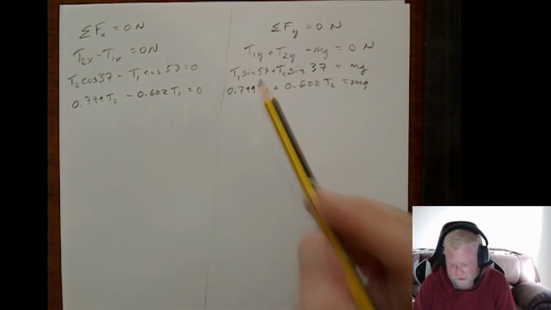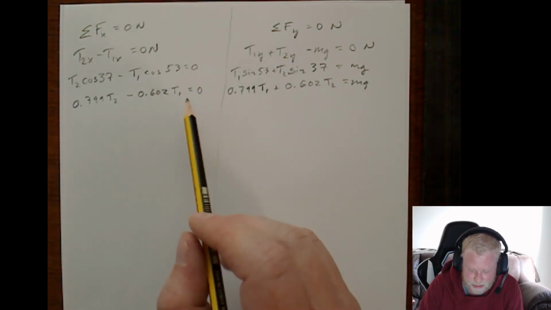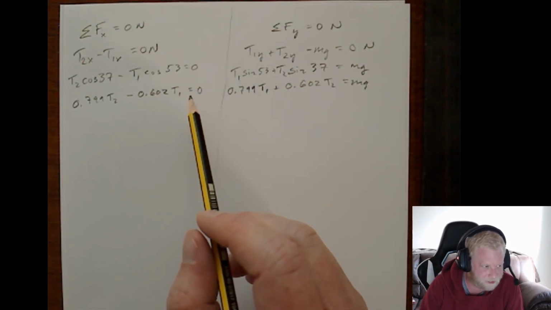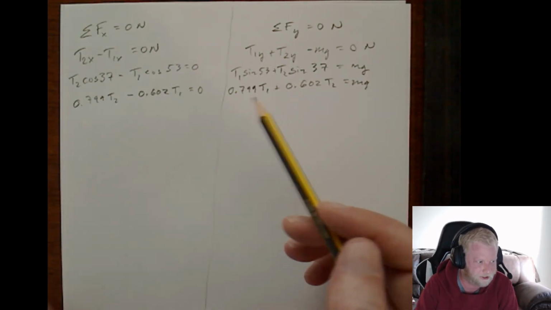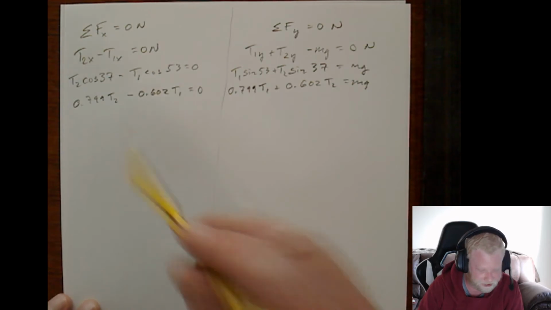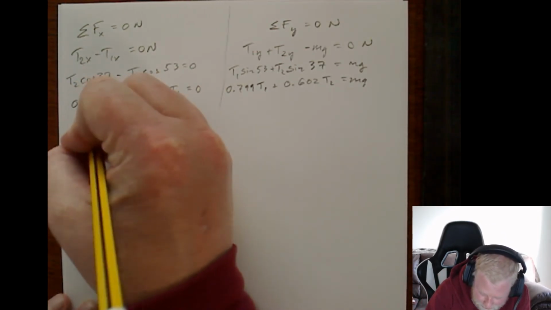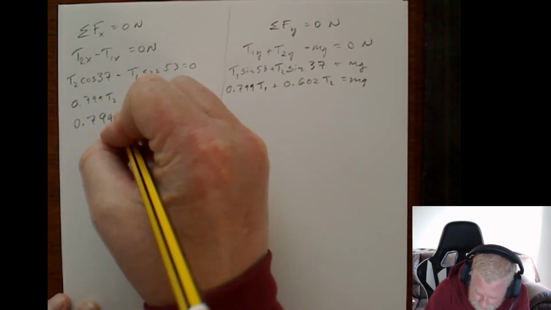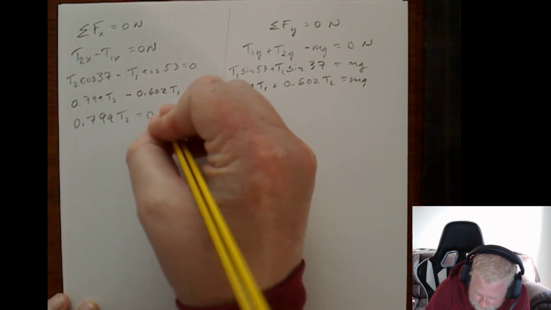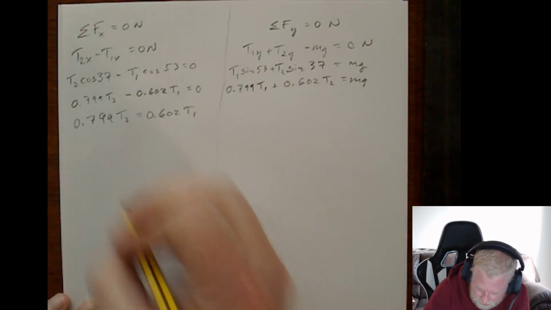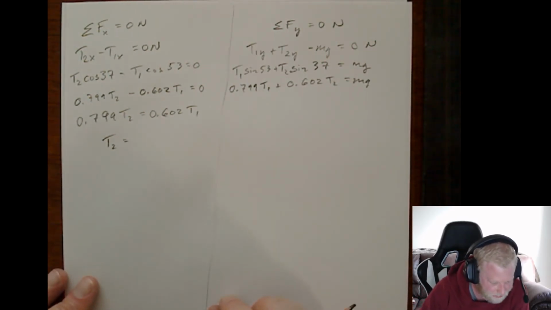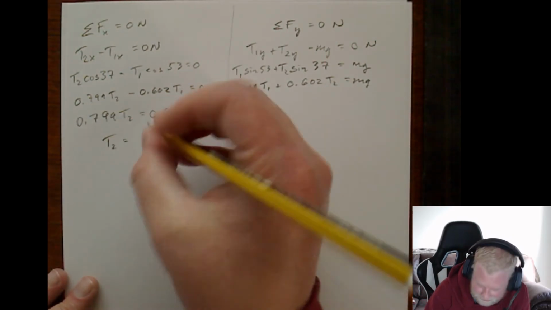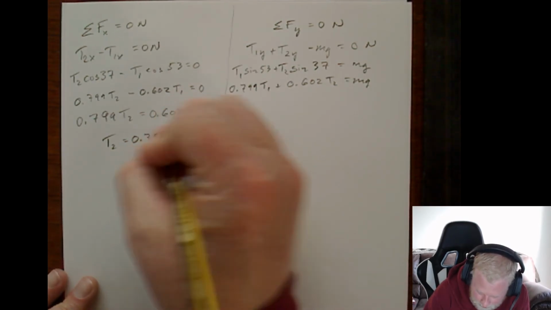Now the problem is we still have two unknowns running around. So what we need to do is work with a system of equations. So what we need to do is put one of these variables in terms of the other. So let's go here to the simpler equation. We can rearrange this to get 0.799 T2 is equal to 0.602 T1. Simplify that even more. We get that T2 is equal to 0.753 T1.